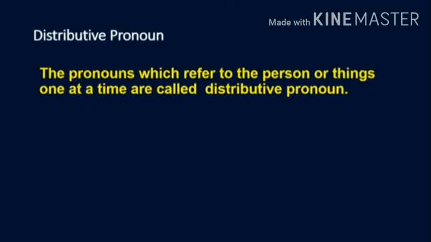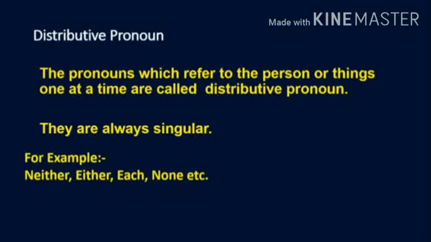So, always use a singular verb with these distributive pronouns, children. Some of the examples are neither, either, each, none, etc. Always use the singular verb form only with these distributive pronouns. That is a very, very important point that you must remember, my dear children.